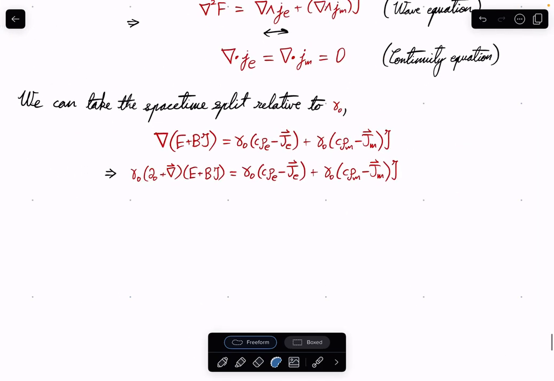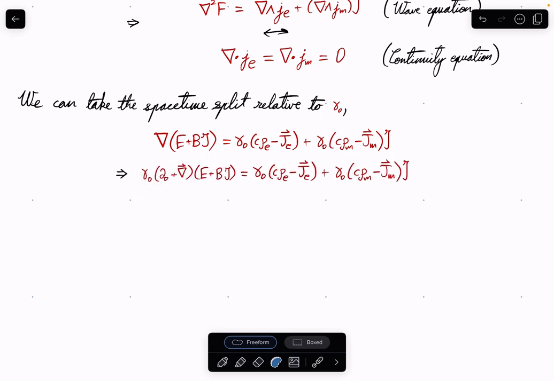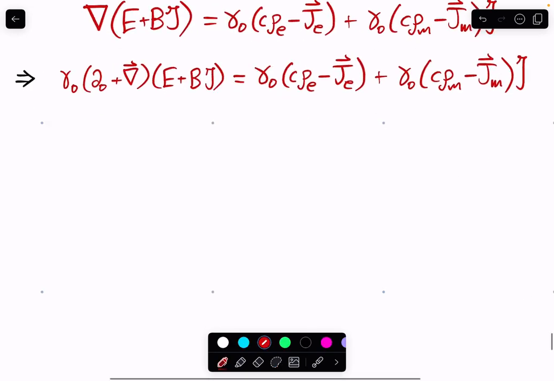So if they both have a constant of gamma out front, you can get rid of it. So it just becomes this.